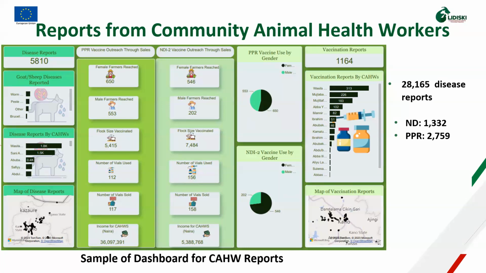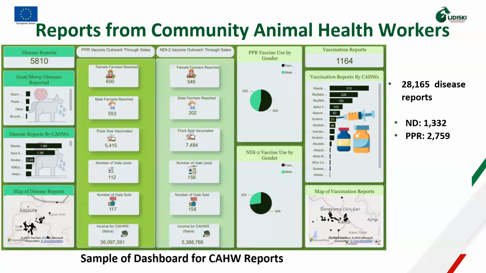So this is what a sample of our dashboard looks like. It shows you the number of reports. It shows you the classes of disease reported for a particular month or period, and the classes of disease within the small ruminants.